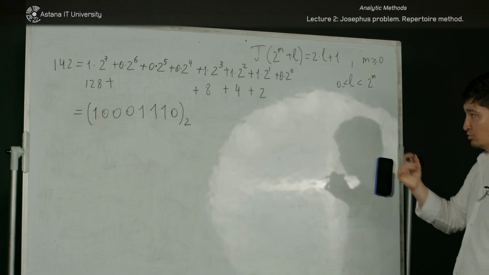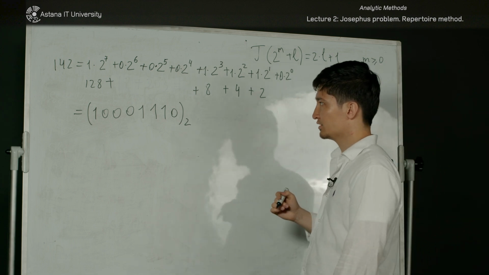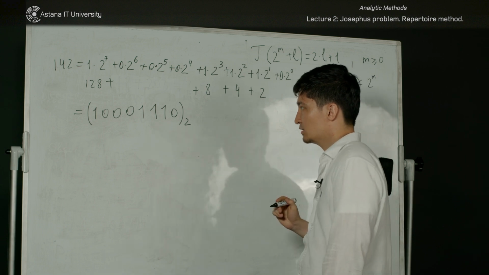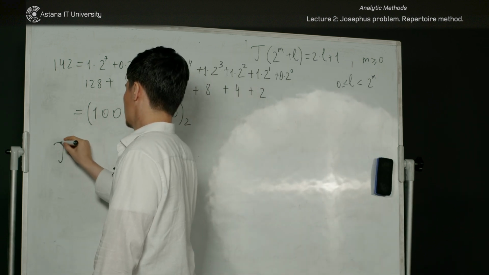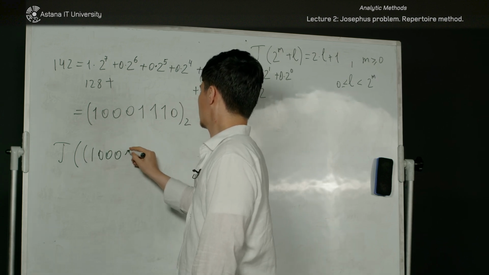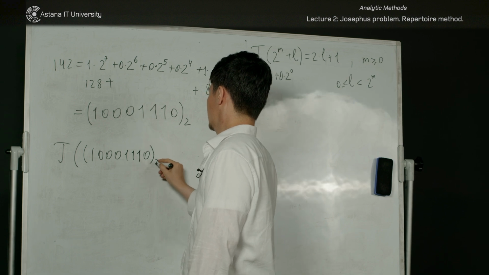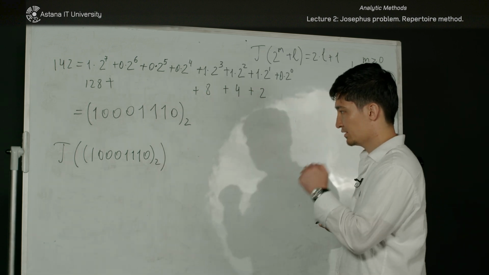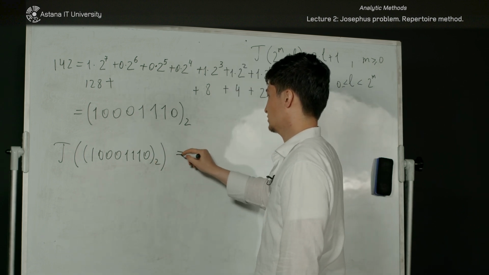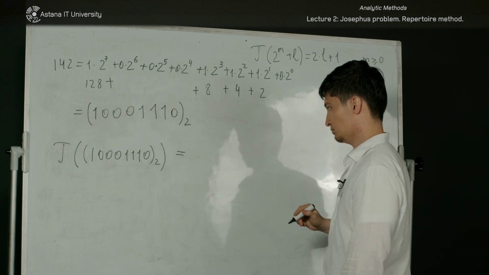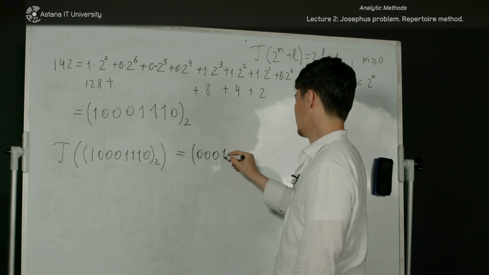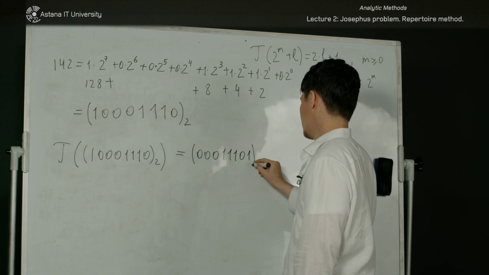Now, if we're going to find the binary Josephus's number of this binary number, we're going to write this as follows. By that theorem, the 1 at the beginning just goes to the end, and the Josephus's value of this binary number equals 0, 0, 0, 1, 1, 1, 0, 1.